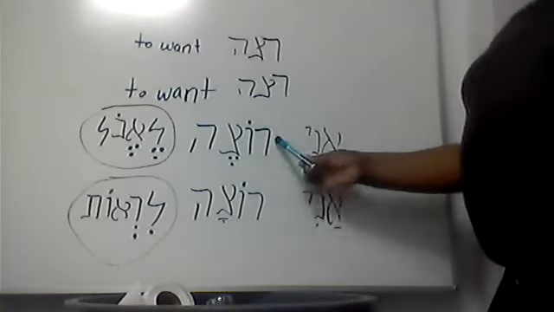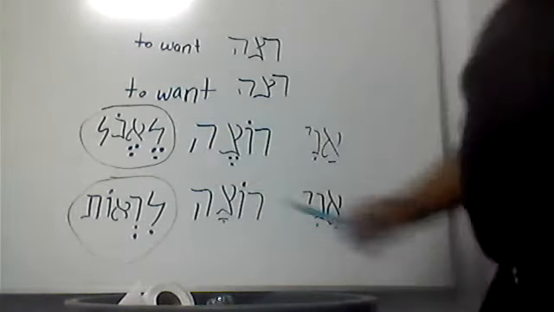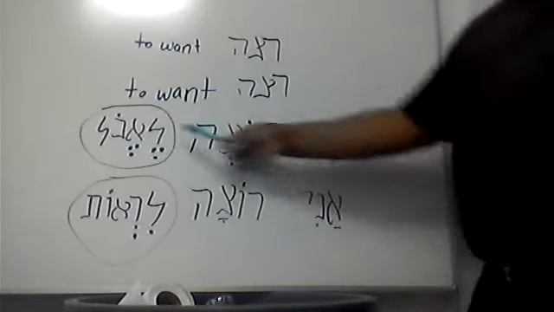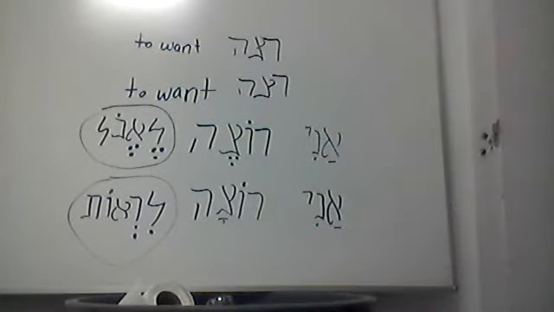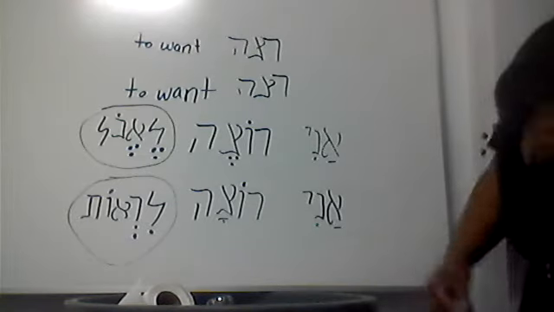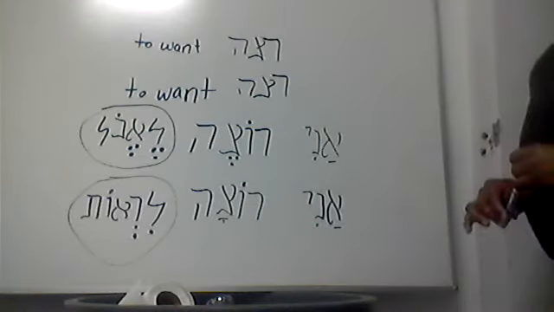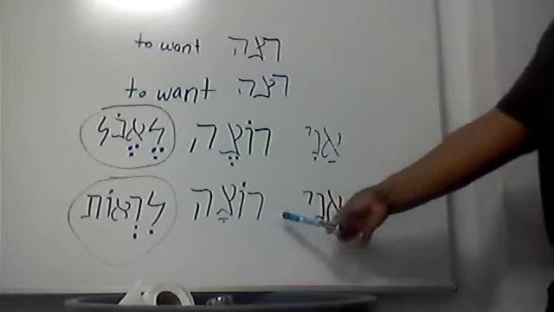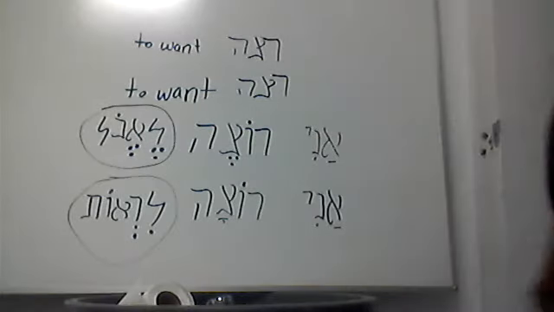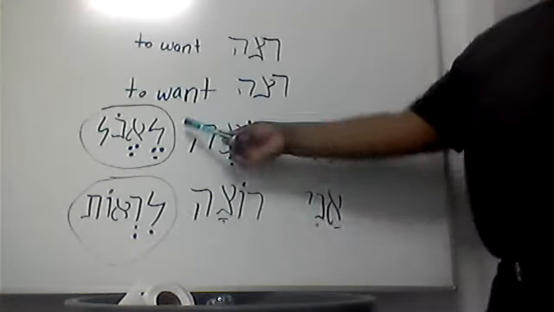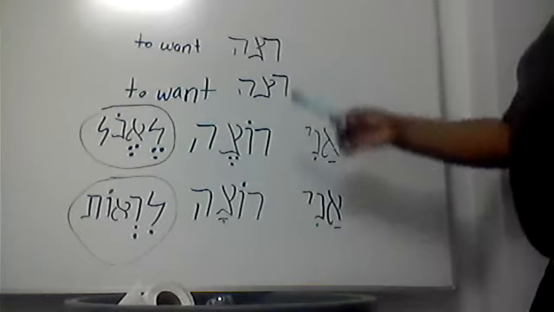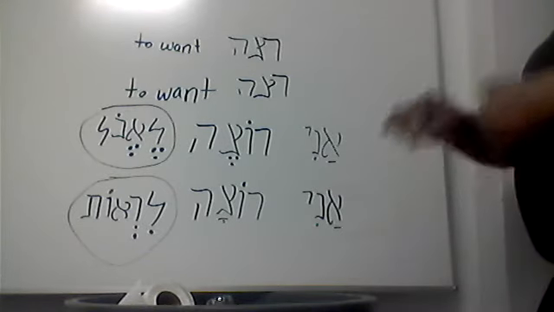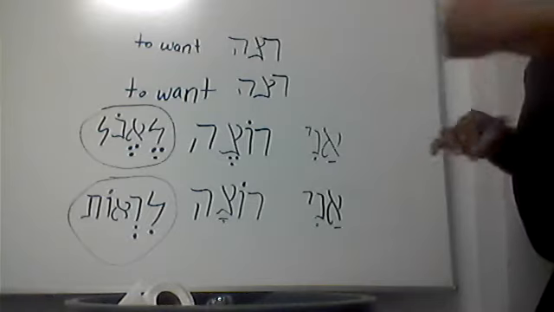Therefore, ani rotze le'ekol literally means I want to eat. A female would say the exact same thing except with rotza as opposed to rotze. So she would say ani rotza le'ekol. When you put a verb in the infinitive, there is no masculine way or feminine way. It's just shown in the infinitive.